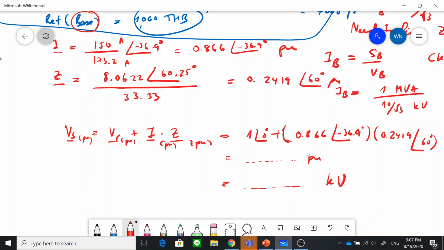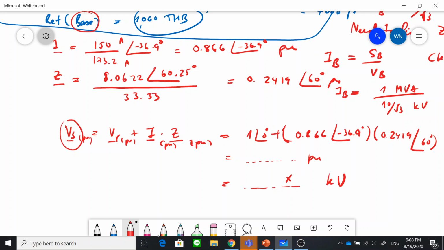What you have to do is just multiply this back by the base quantity. In this case, this is the Vs. After you know the Vs in per unit, this is to say how much greater this Vs is compared to the base quantities.